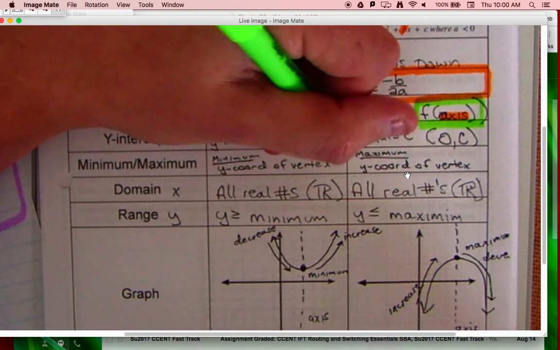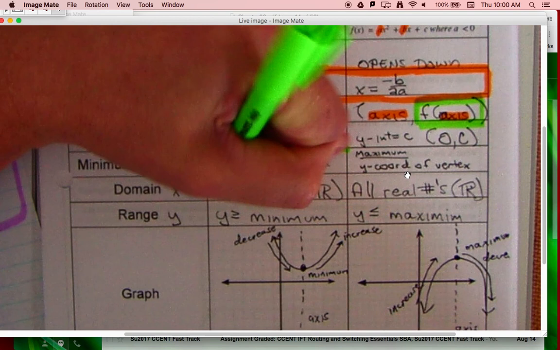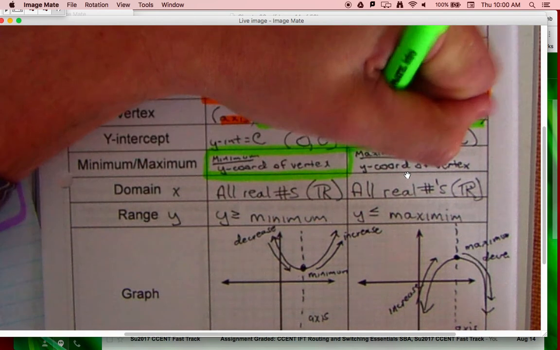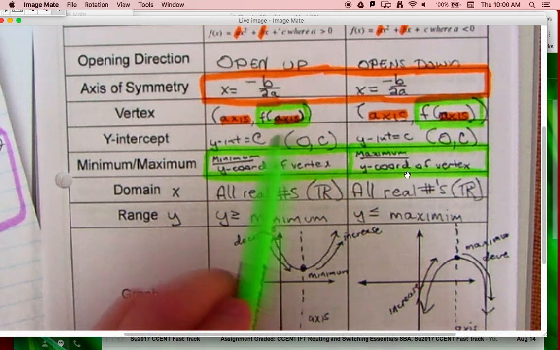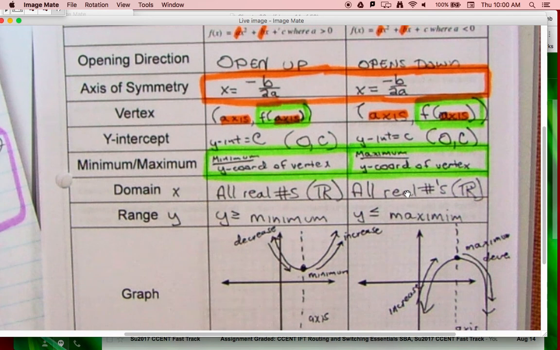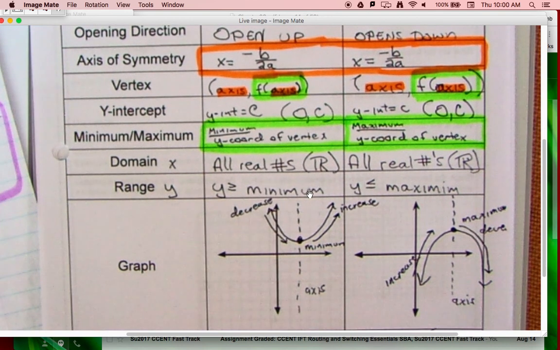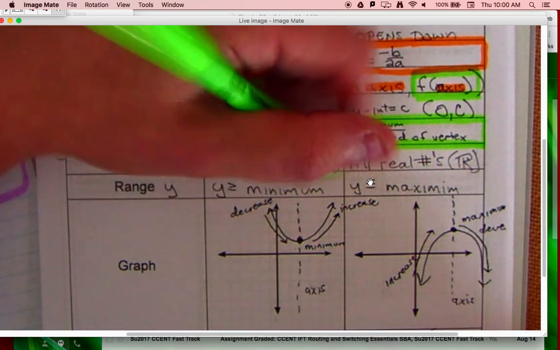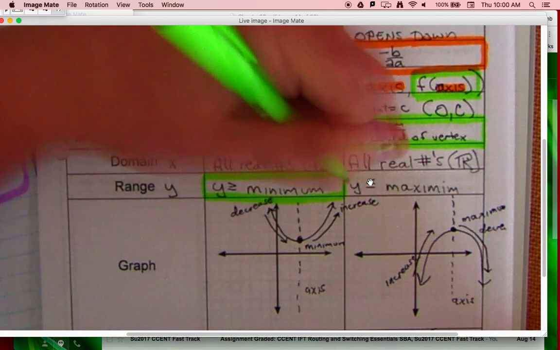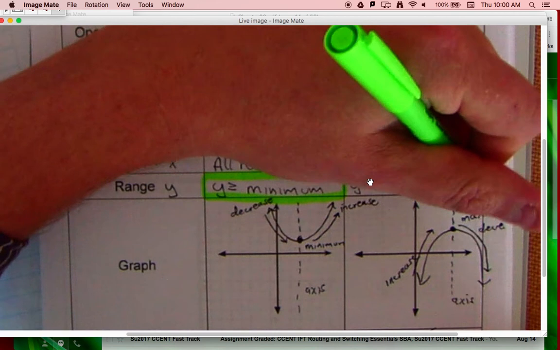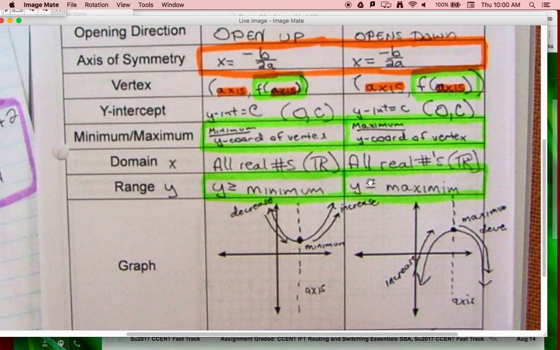So I'm going to circle those in green so that I know that my minimum and maximum value are related to the y-coordinate on my vertex. Okay? Also, if you look down here, the range is related to your minimum and maximum. So let's highlight those in green also, so that I know they're related. Just like that. Okay?